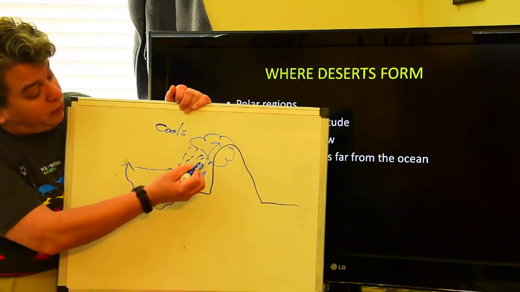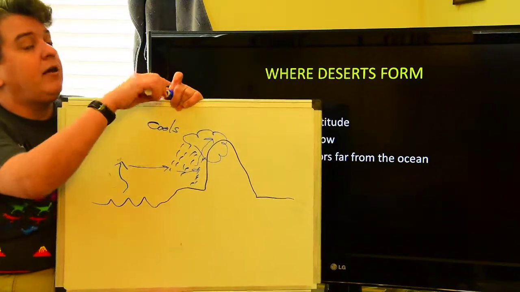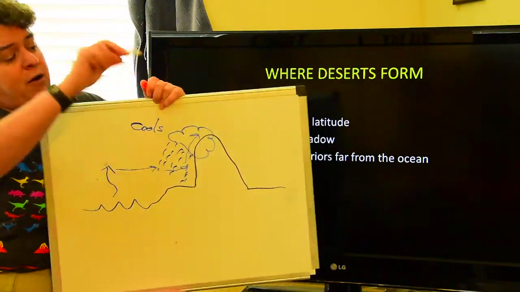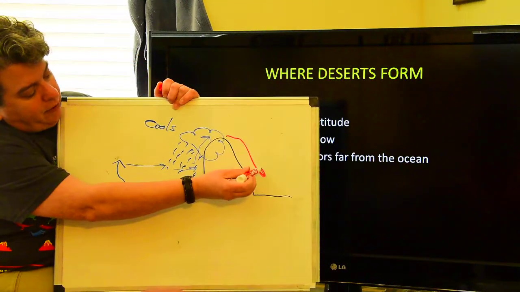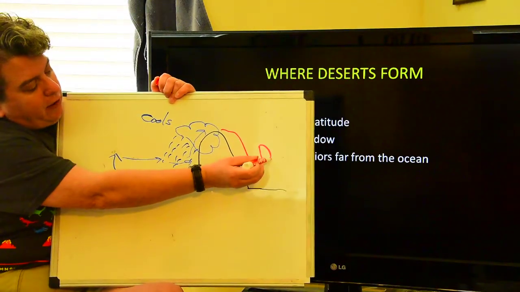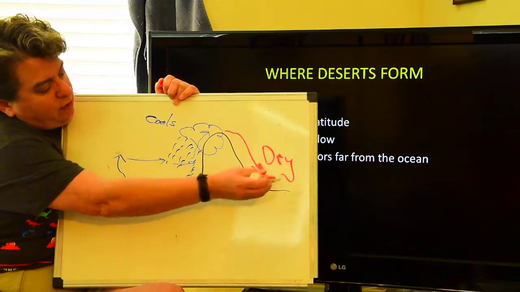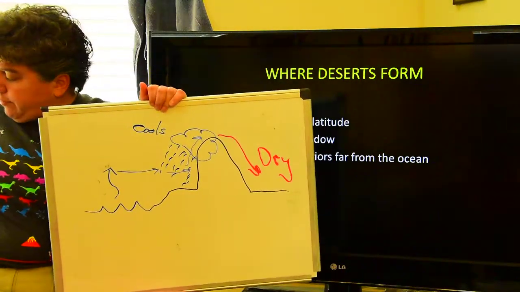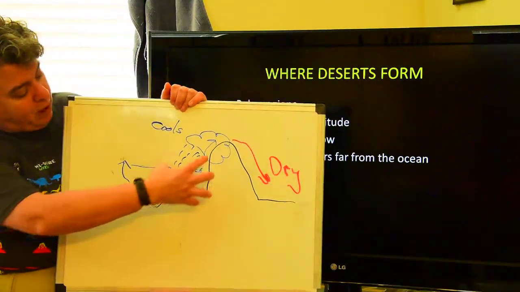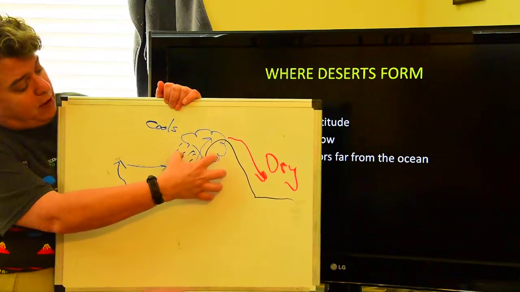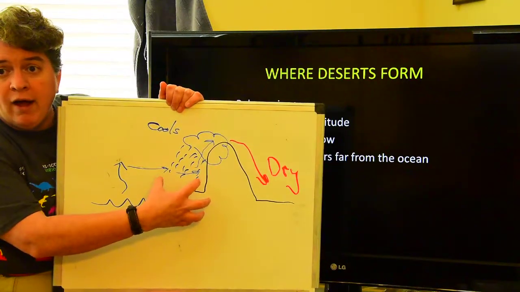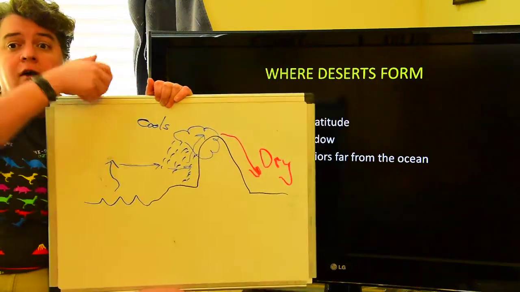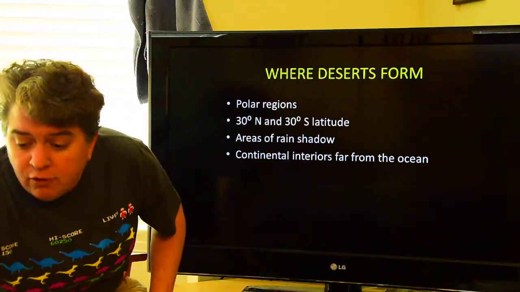Well, if it cooled here and dropped all its rain, by the time that air then gets over the mountain and down the other side, the air is going to be dry. And that's rain shadow. So in some places where you have big tall mountains, one side of the mountain range is going to be really wet, it's going to have lots of precipitation, and the other side of the mountain range is going to be really dry.